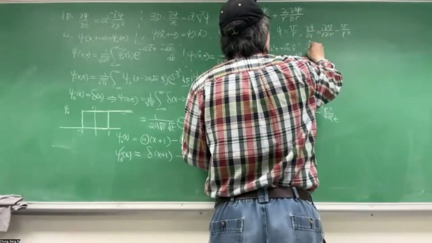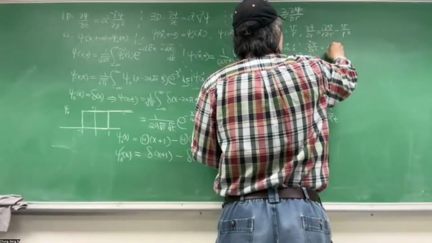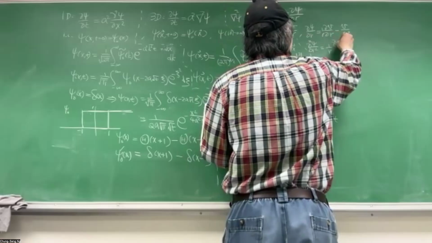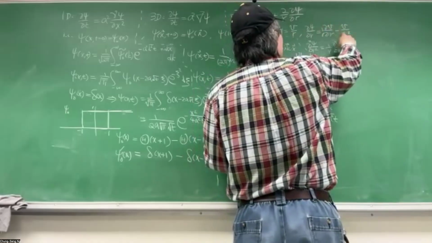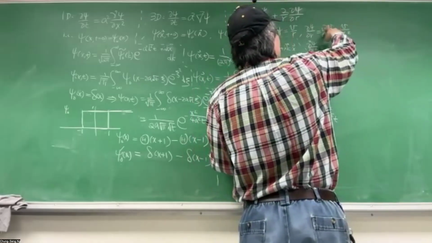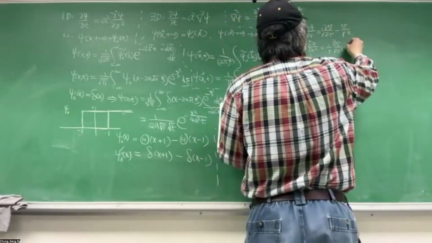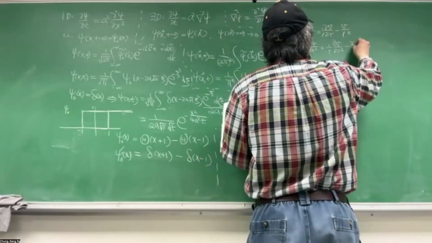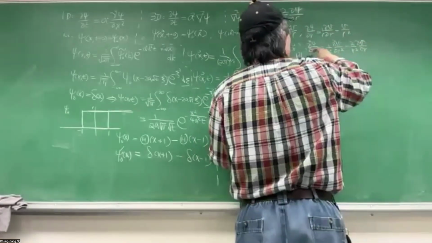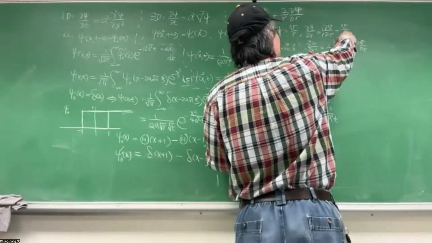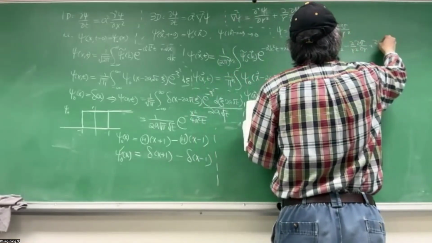Partial squared psi partial R squared is 1 over R partial squared v partial R squared, and you can combine the derivative of 1 over R and the derivative of v over R squared, combined to be minus 2 over R squared times partial v partial R. And then finally the derivative of this factor, plus 2v over R cubed.